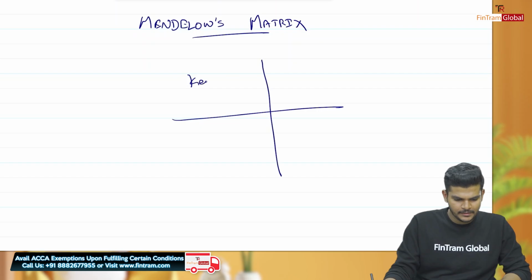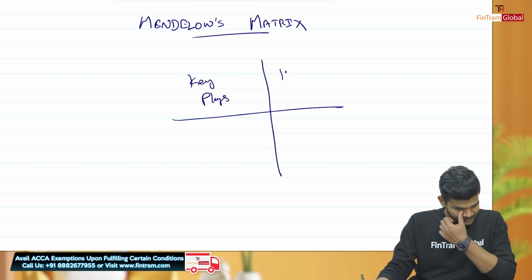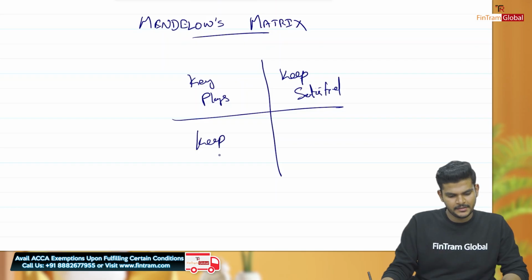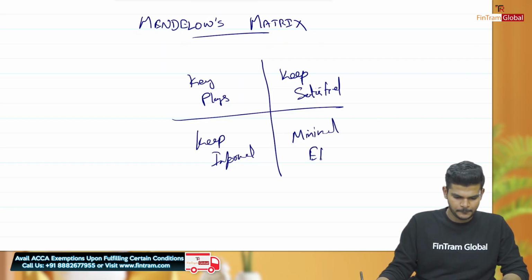We have key players, we have keep informed, oh sorry, this quadrant would be keep satisfied, and then keep informed, and then minimal effort.